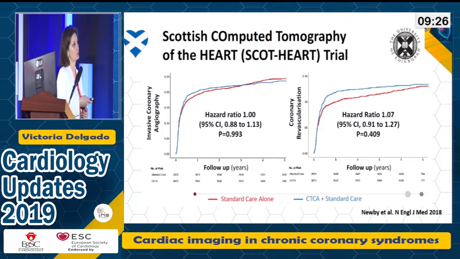But actually that was not true, because at 5 years of follow-up, you can see that both curves converge at the same area. So the SCOT-HEART trial showed that CT coronary angiography is not associated with a higher referral for invasive coronary angiography.